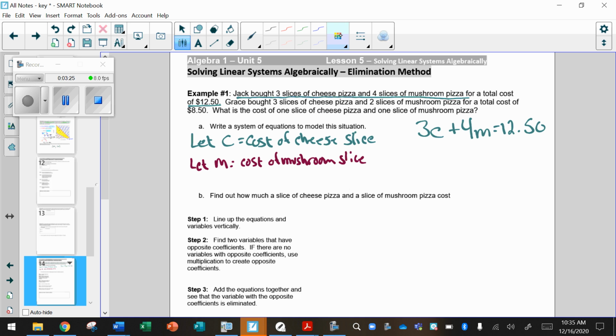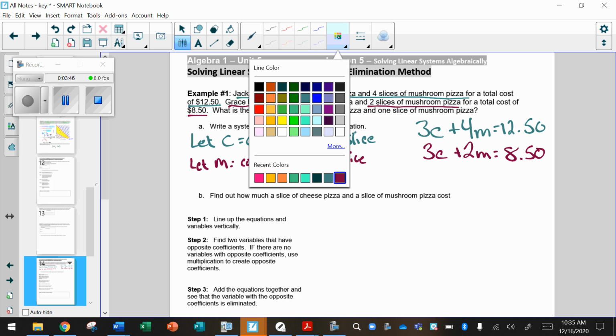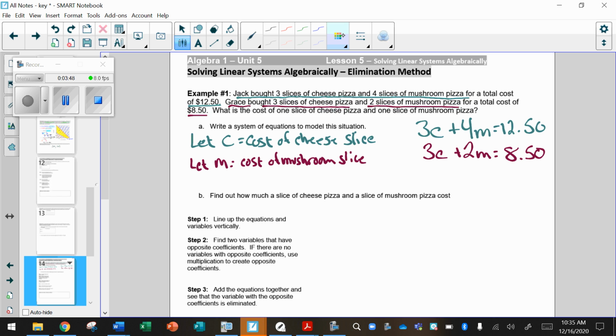Then along came Grace, who bought 3 slices of cheese, 2 slices of mushrooms for a total of $8.50. So 3 cheese and 2 mushroom totaled $8.50. So now let's go through these steps, and I'll walk you through how to do this elimination method.